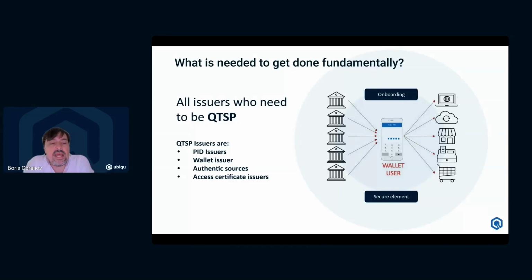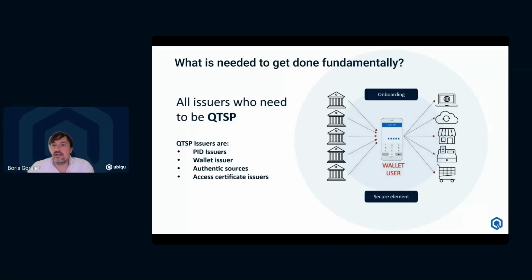The second trust anchor is that my identity is verified at a high assurance level, and that identity is issued by the government as a PID into my wallet, so that the rest of the ecosystem can trust it. The third trust anchor is that we have qualified trust service providers that are servicing wallets, so that users can collect their own information from those QTSPs, from those authentic sources, and then distribute it themselves to relying parties.